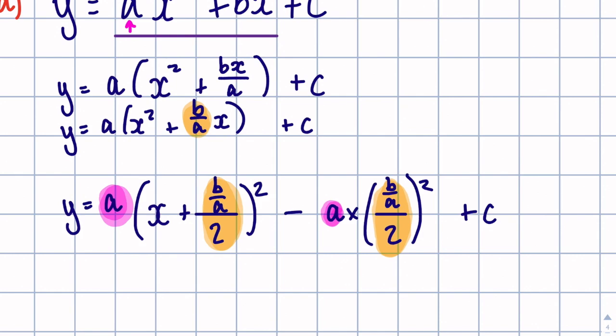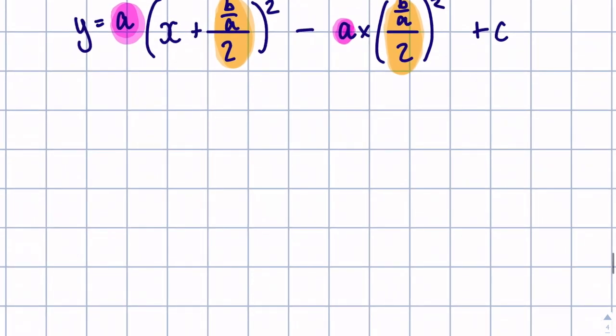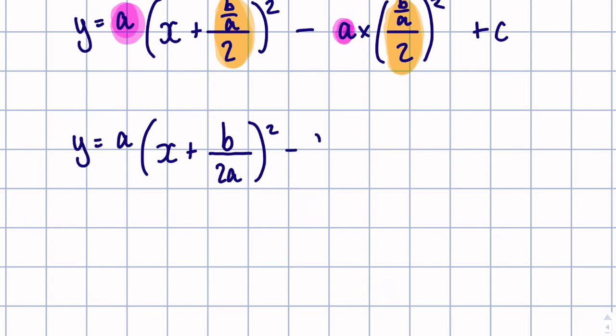Let's make this same line a bit prettier. We're going to end up with y equals a out the front, x plus, now b on a on 2 is the same as b on 2a, squared, take a times b on 2a squared, plus c.